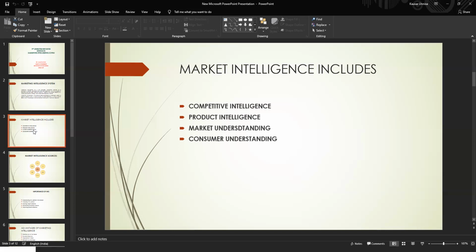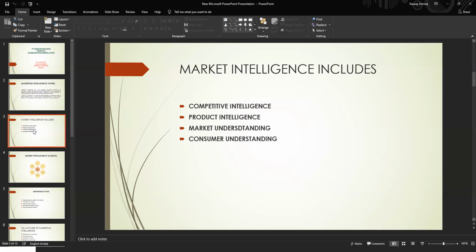Competitor intelligence can help the organization to understand the competitor's strengths as well as weaknesses and how to frame the marketing strategies to compete in the existing world.